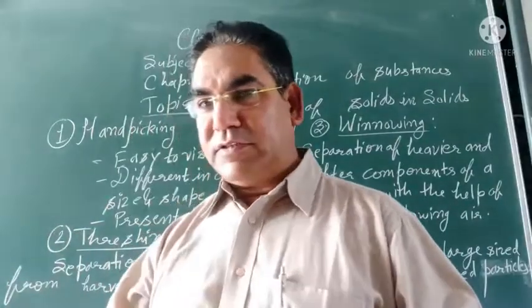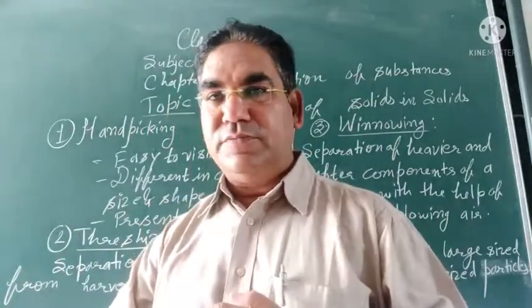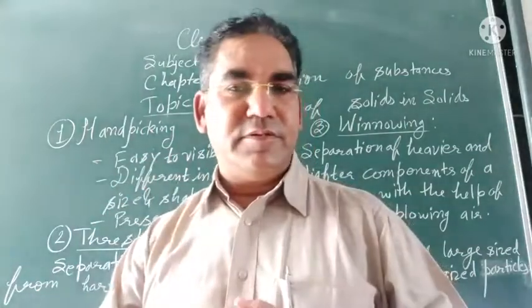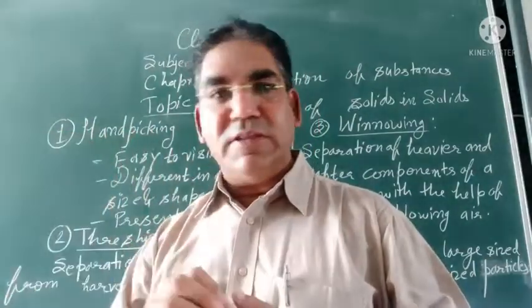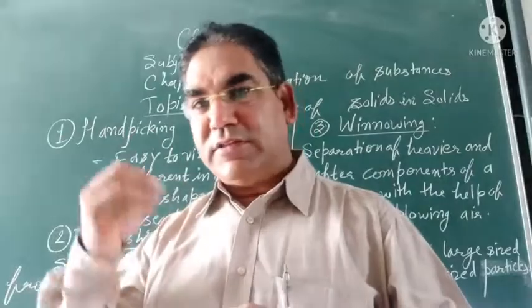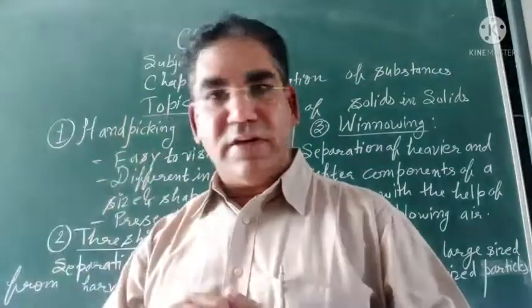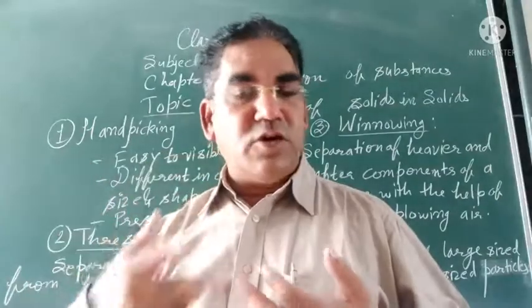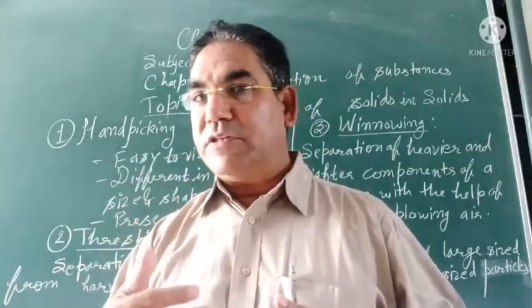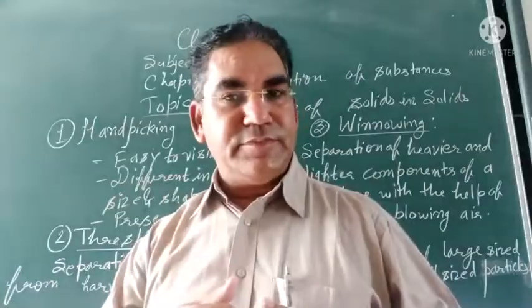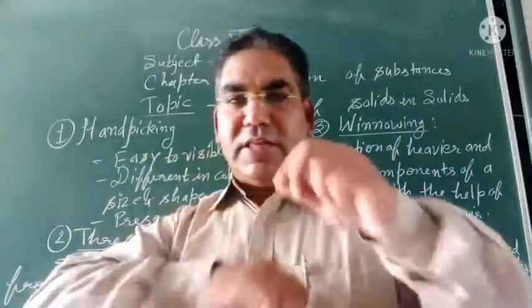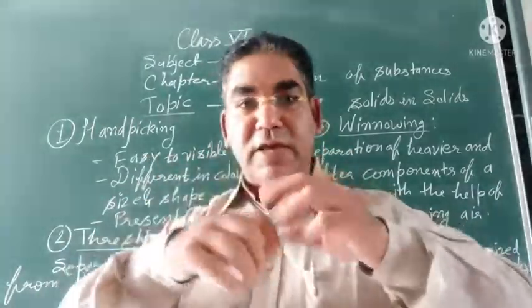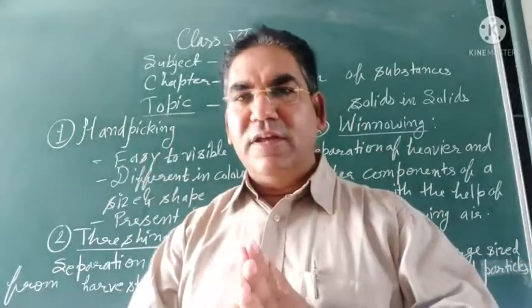Now the crop plants will grow, they ripen, food grains develop in the seeds, then they cut. Cutting of the mature crop is known as harvesting. Now after cutting they make large bundles.